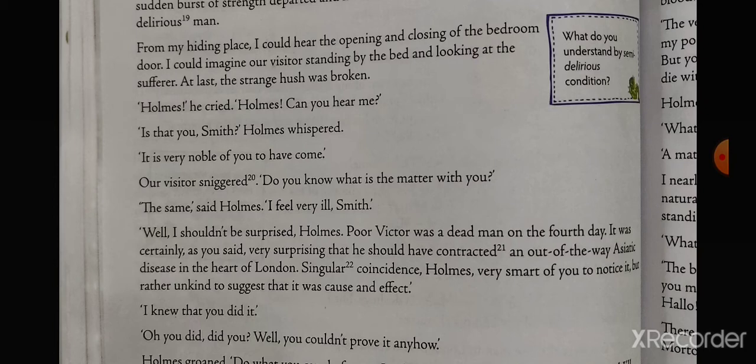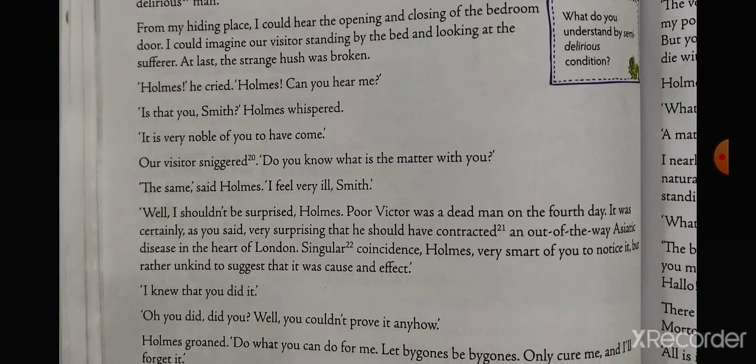Well, I shouldn't be surprised, Holmes. Poor Victor was a dead man on the fourth day. It was certainly, as you said, very surprising that he should have contracted an out-of-the-way Asiatic disease in the heart of London.